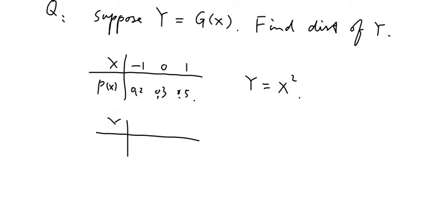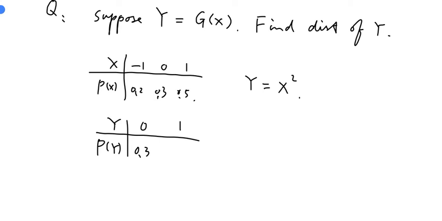So X can be -1, 0, 1. Then X squared can be 1, 0, 1. But these two ones we should put together. So we say Y can be only 0 and 1, right? And the probability for Y taking 0 is just the same as the probability for X taking 0.